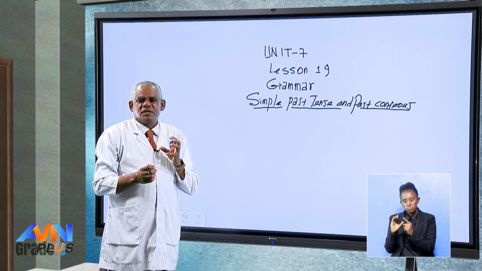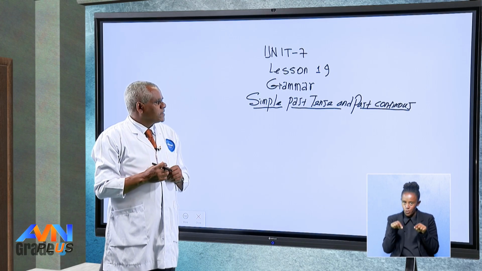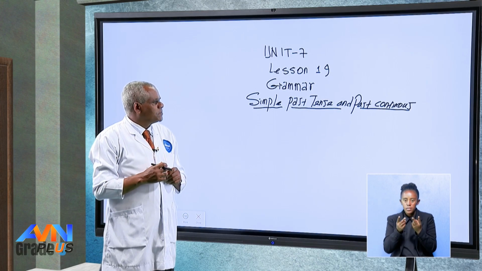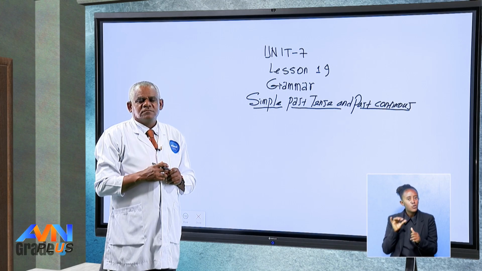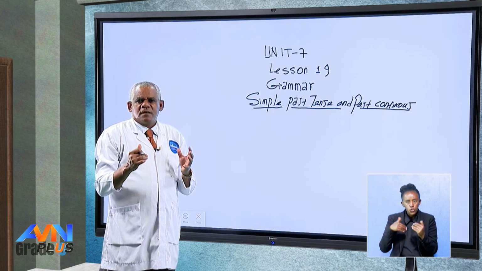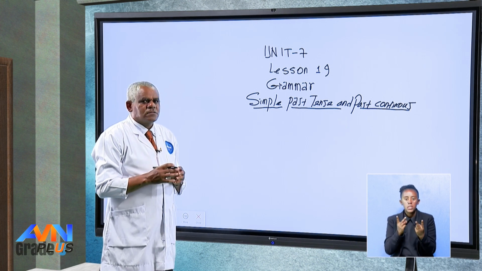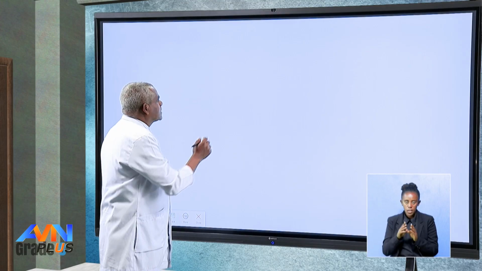This is a very important issue that we are going to see today. Before that, let's see the difference between simple past tense and past continuous tense. Before I tell you in general, let's see what simple past tense means.